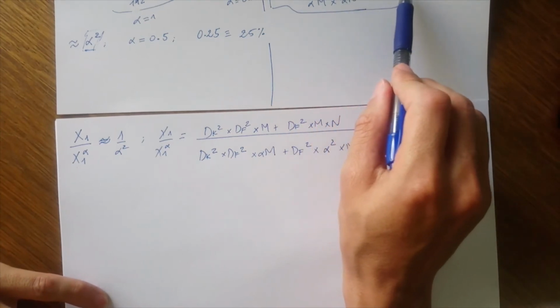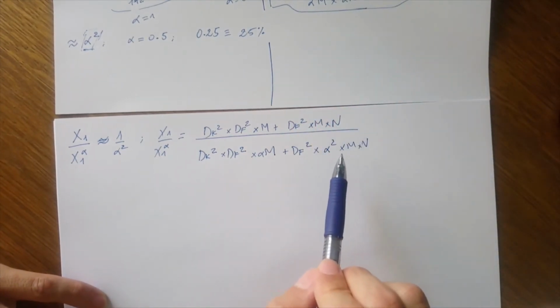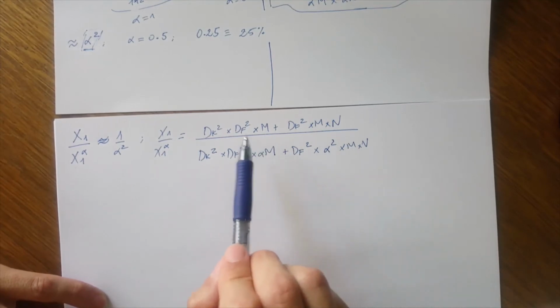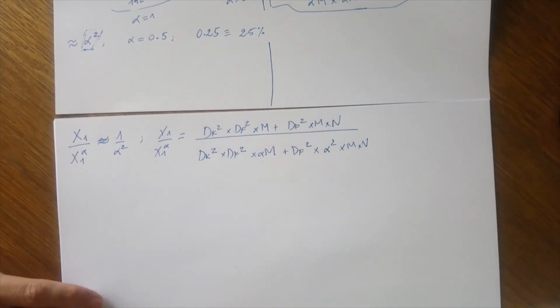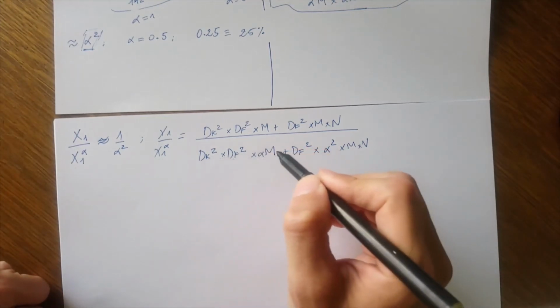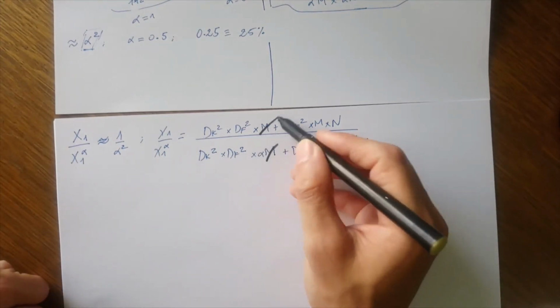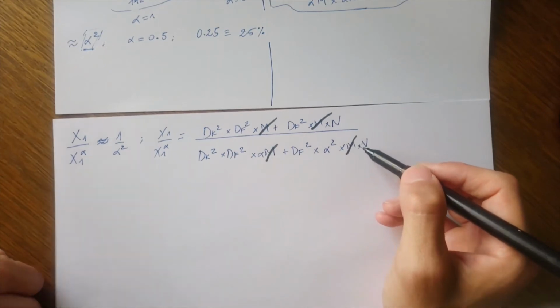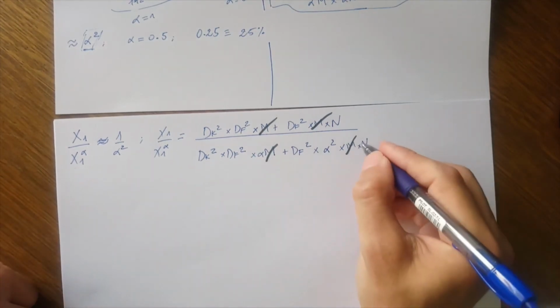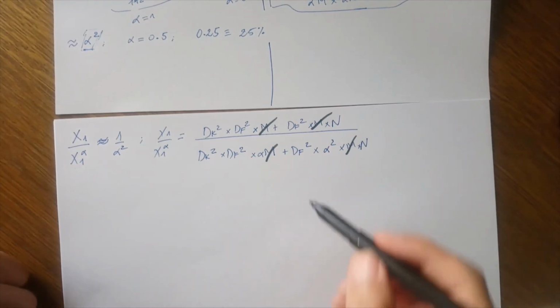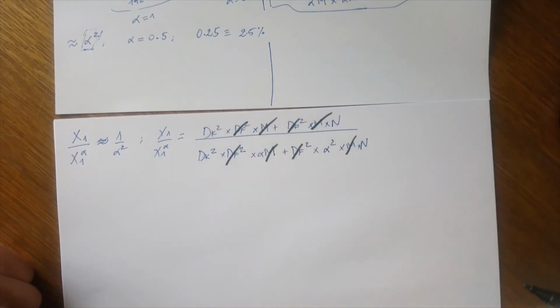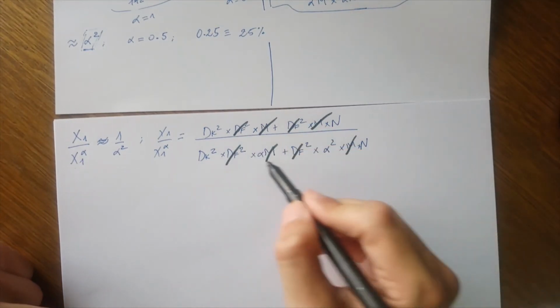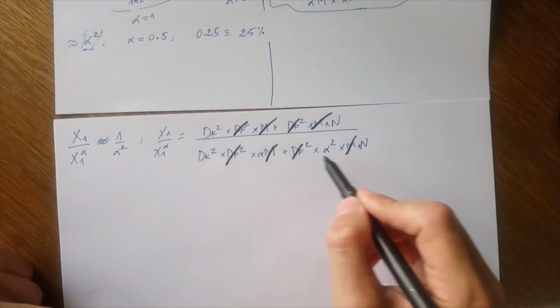Okay. So now I should remove some terms from this equation. m goes out with m, n with n, df and dk also simplify.